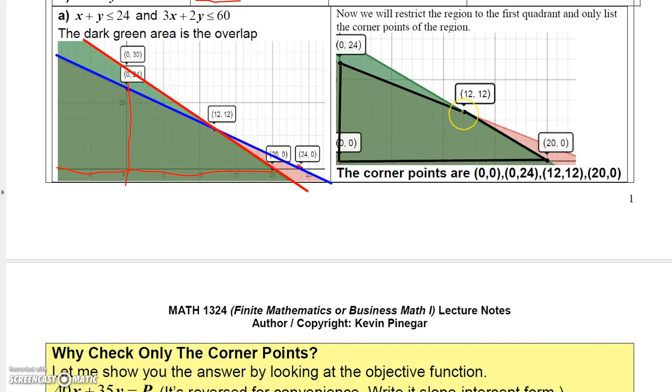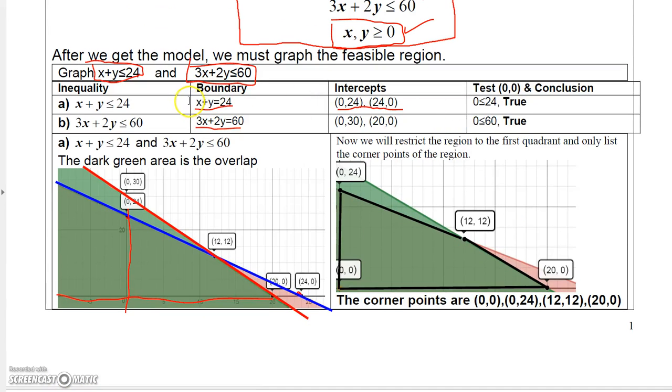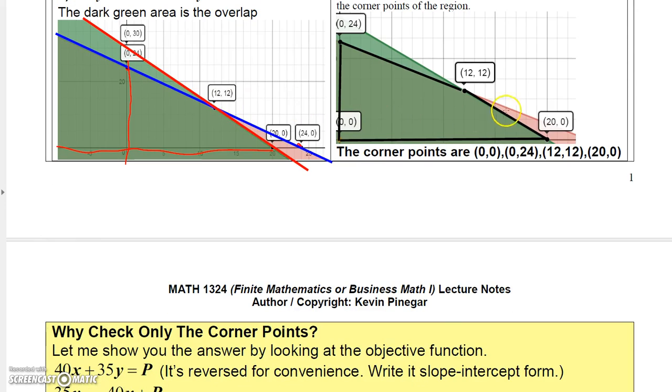And then what you have to do to get this point is solve this system of equations, x plus y equals 24 and 3x plus 2y equals 60, so that you can find where those two lines intersect. And when I solved it, I got 12, 12. So the corner points here are 0, 0, 0, 24, 12, 12, and 20, 0.